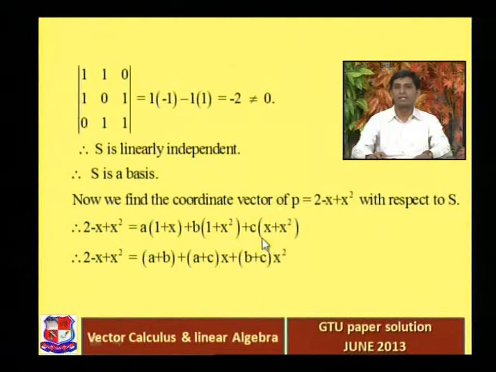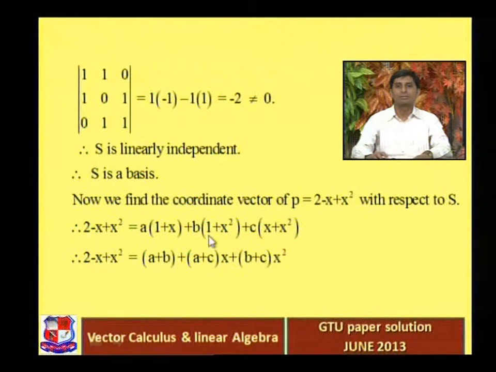That is our coordinate vector. So first of all we write the constant part, that is a plus b, and then what is the coefficient of x from the right hand side?